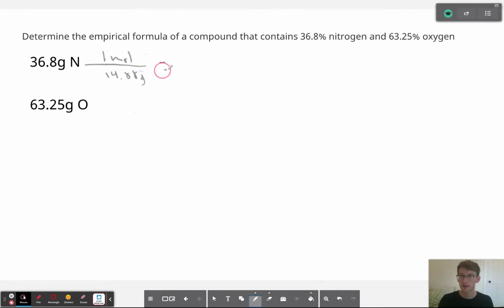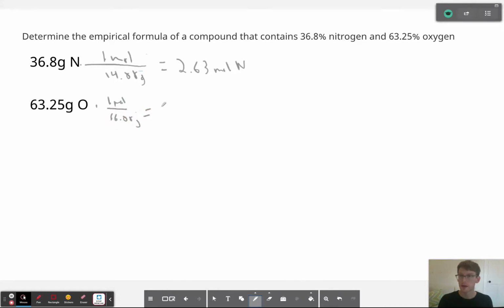And what we get is that for nitrogen, there are 2.63 moles of nitrogen. And for oxygen, this is going to be times 1 mole for every 16.00 grams.